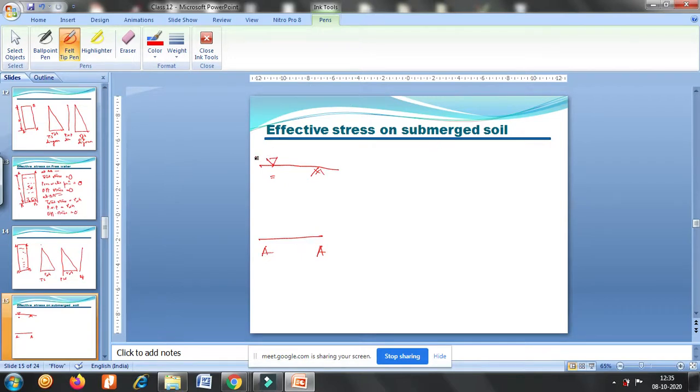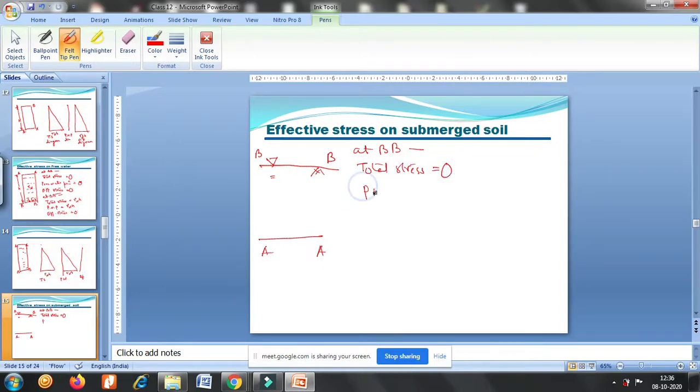So the top is BB. At BB, what is the total stress? It is the ground surface. There is no water and no soil above that one. So the total stress is equal to 0.